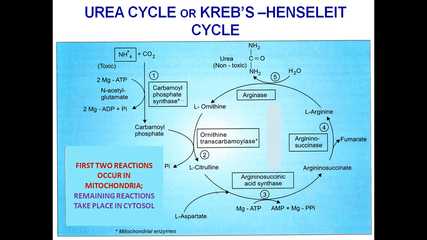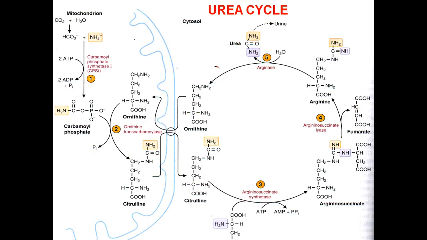So this is how urea is formed. This is what is called the urea cycle, or Krebs-Henseleit cycle.